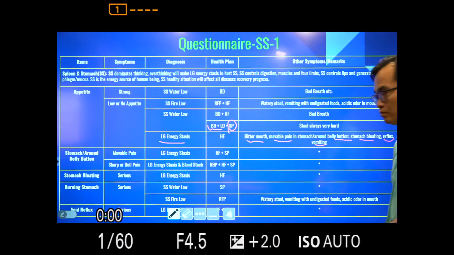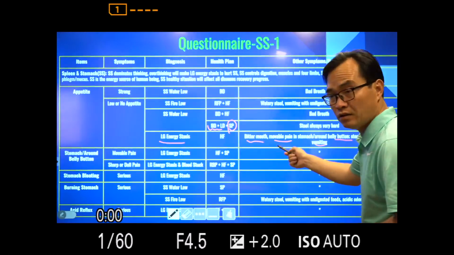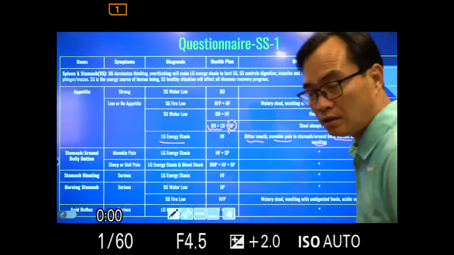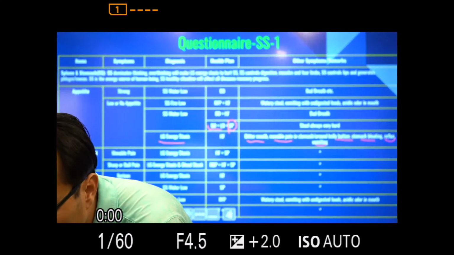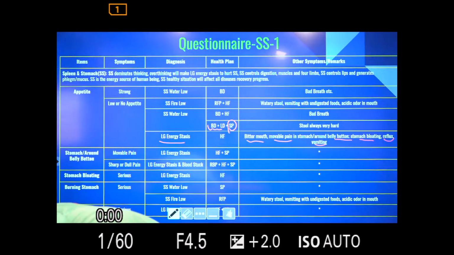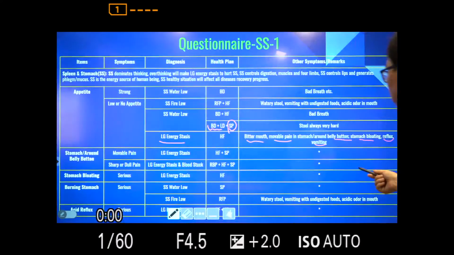For those symptoms: bitter mouth, mobile pain in the stomach or around the belly button, stomach bloating, reflux, vomiting.